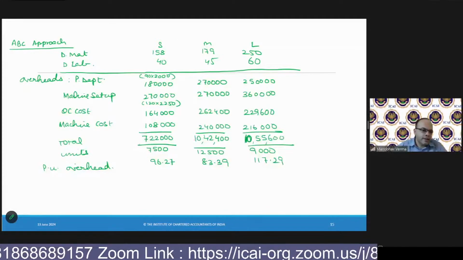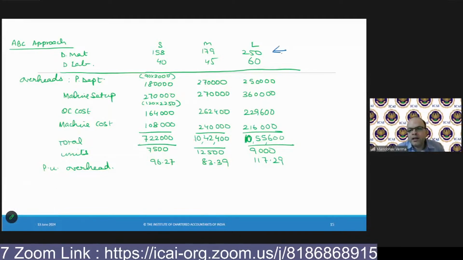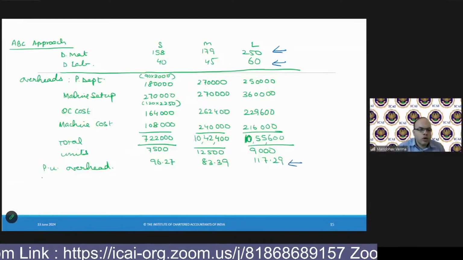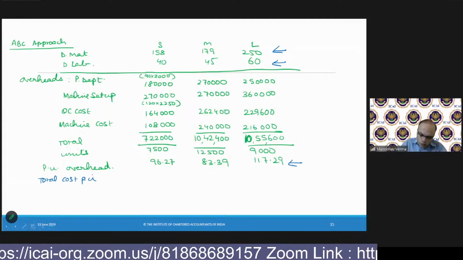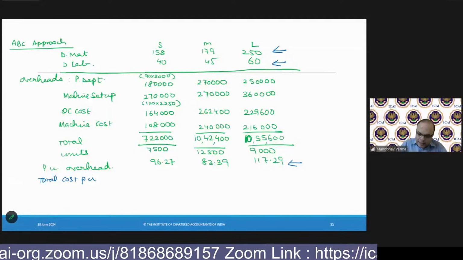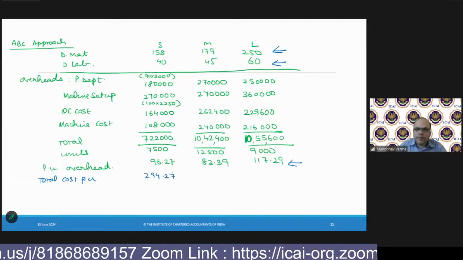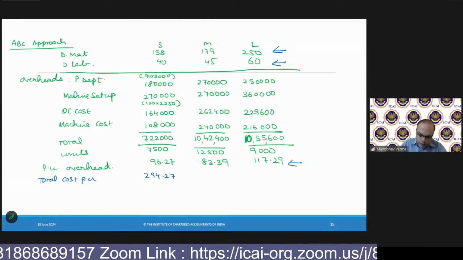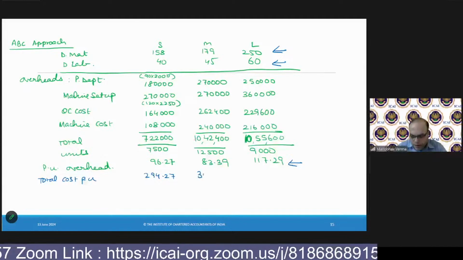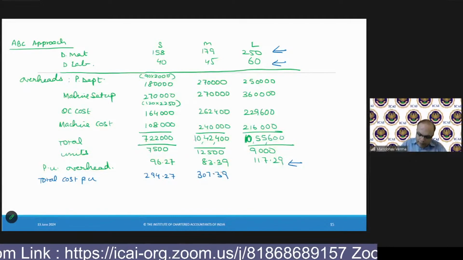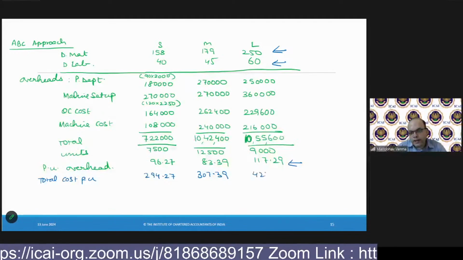So if I add all these three up, what are the three sections we are looking at here? Material, labor, and overhead. So what's the cost per unit? 198 plus 96.27, 294.27 here. We're getting 307.39, and the last one as 427.29.